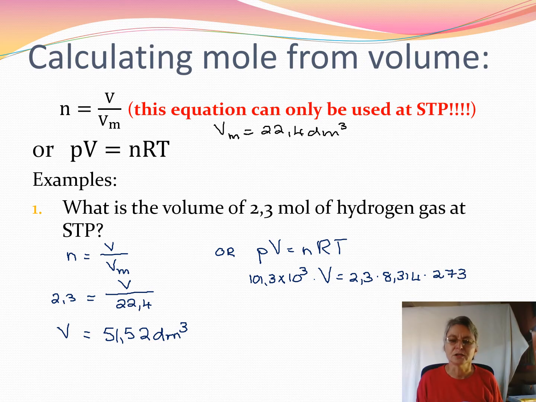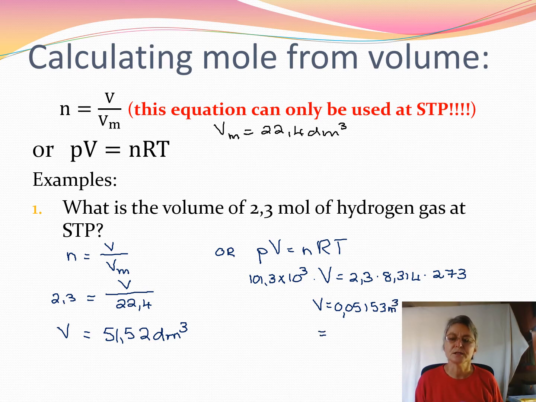So if we use this, the volume would be 2.3 times 8.314 times 273 divided by 101.3 times 10 to the 3, and that gives us 0.05153, and this would be in cubic meters.